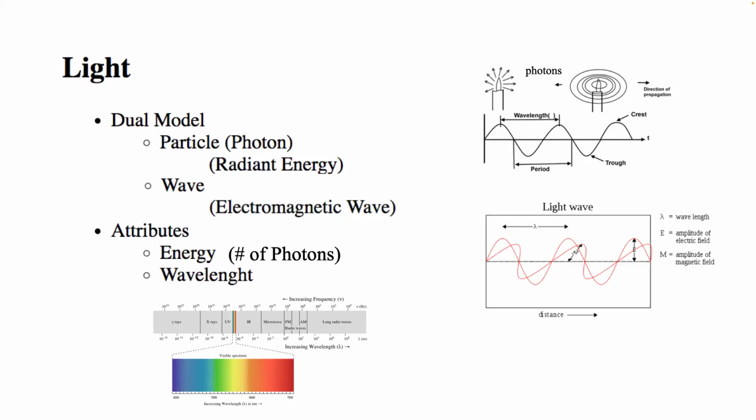And for that reason, they are characterized as an electromagnetic wave. And then the attributes of light correspond to these 2 aspects. So you have the energy, this is the number of photons that are traveling at some path, and the wavelength that's related to the way they are oscillating, traveling in some direction.